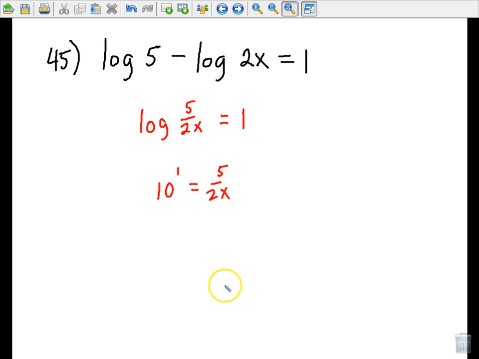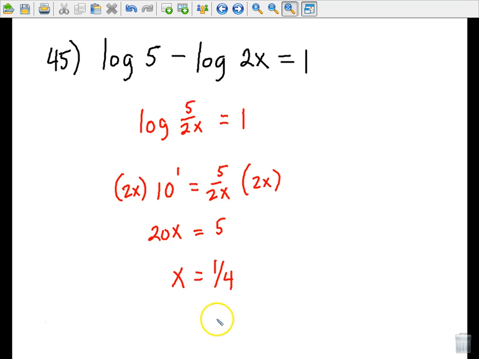Very good. And it's a pretty easy equation to solve. I'm going to multiply by 2x on both sides, just to clear the fraction on the right, because the result over here on the right side will just be 5. On the left side will be 20x. Divide by 20 on both sides gets us to our answer, which is 1/4.